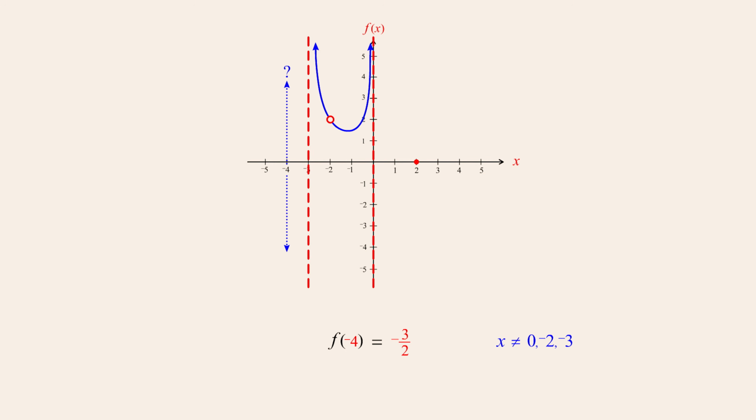So the coordinates of the graph at that point are -4, -3/2. Since the graph must pass through this point, and there is no x-axis intercept in the region, the graph must stay below the x-axis, approaching the asymptote in the negative direction.